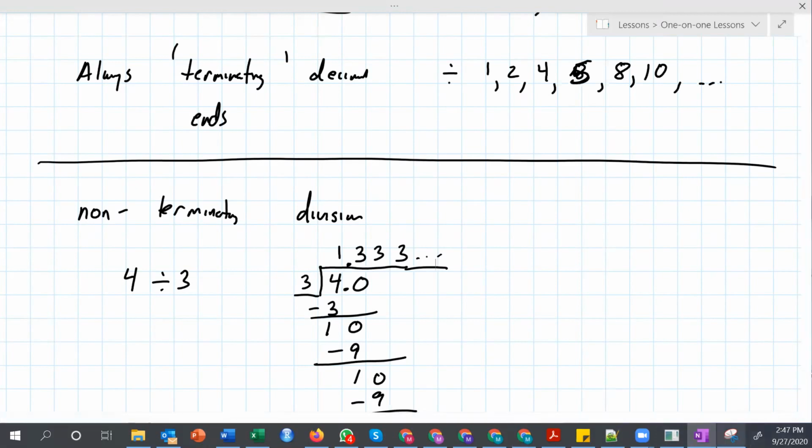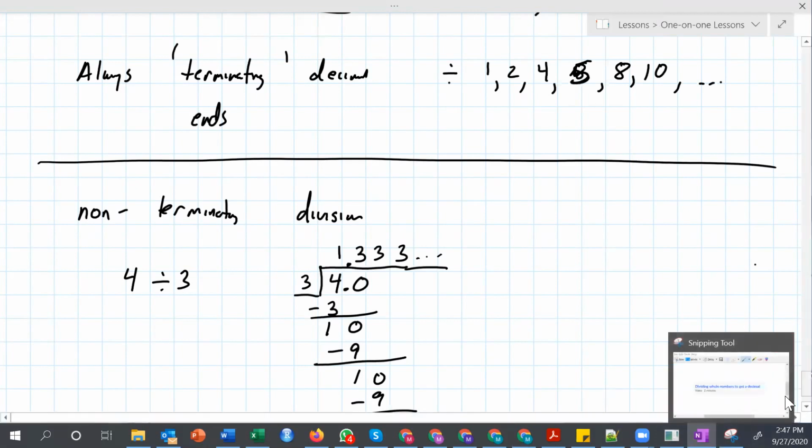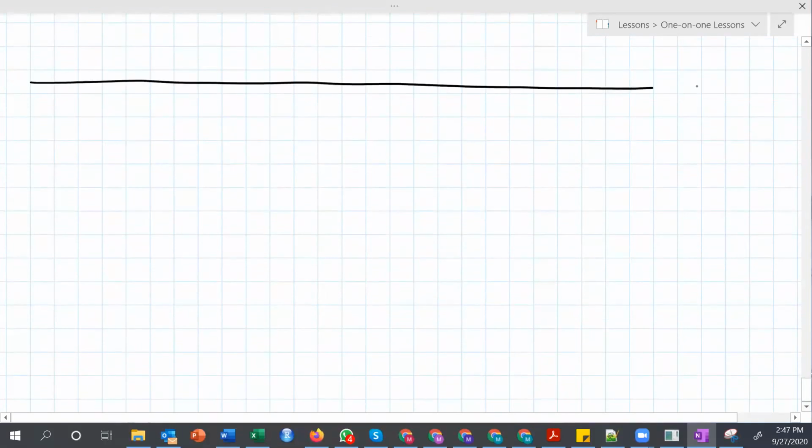So the point is that I'm trying to give you a heads up on the ones that work out nicely. Like if I give you 50 divided by 4, your possible answers are 0.0, 0.25, 0.5, 0.75. So I'd like you to try this one, keeping this in mind over here on the right.